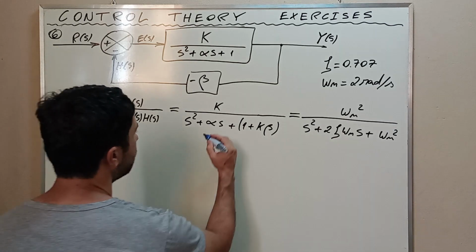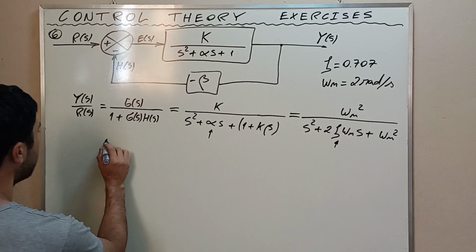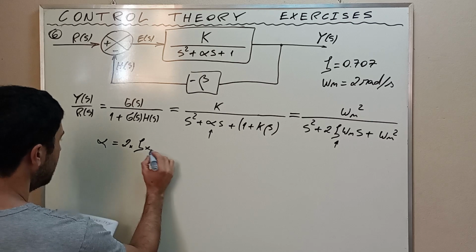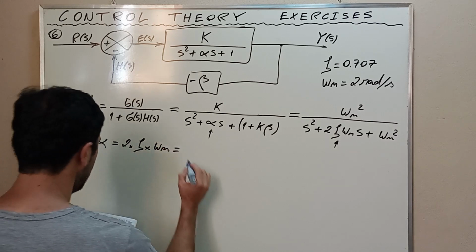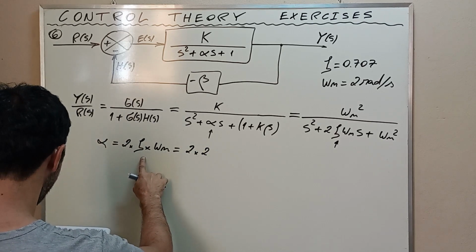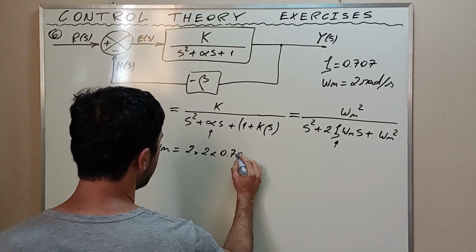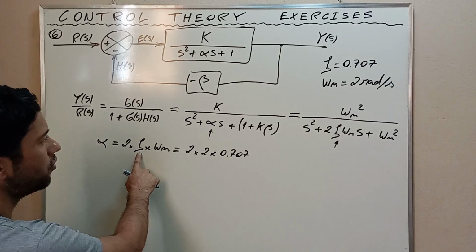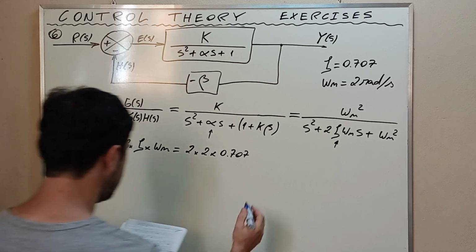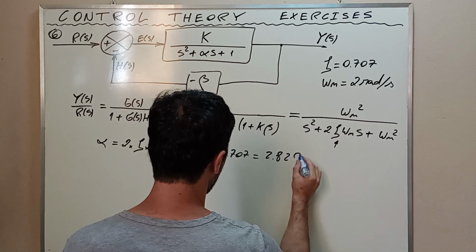We find that alpha is equal to 2 times zeta times Wn, which is equal to 2 times 2 times zeta, and zeta is 0.707, Wn is equal to 2, and this is equal to 2.828.